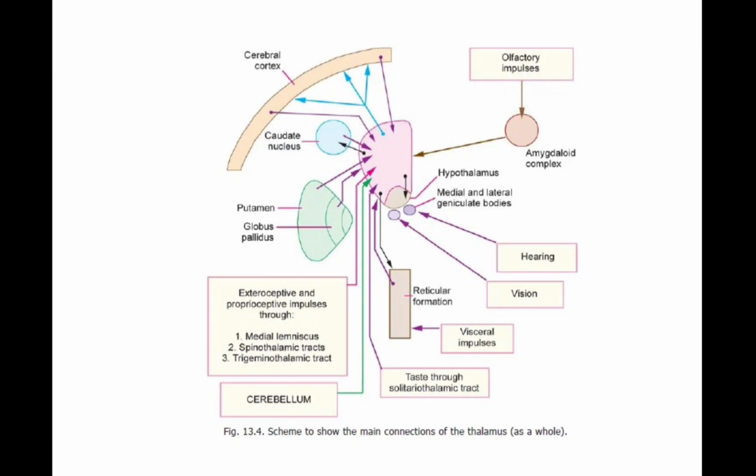So what goes out of the thalamus? After sorting, the thalamus sends the information up to the cerebral cortex, which is the main target.